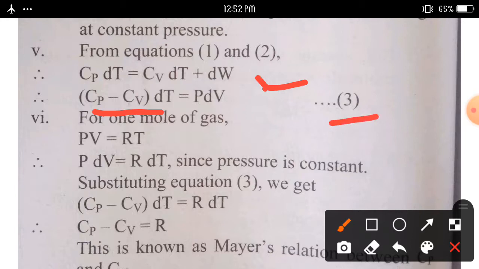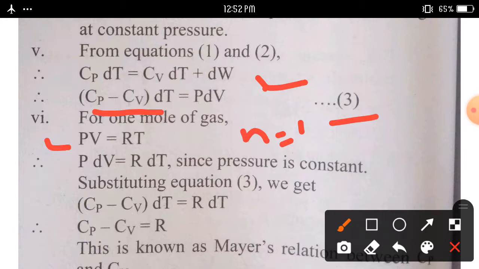For 1 mole of the gas, the value of n is equal to 1. Then according to the ideal gas equation, PV is equal to nRT, so this equation becomes PV is equal to RT. Therefore, P into dV is equal to R into dT.